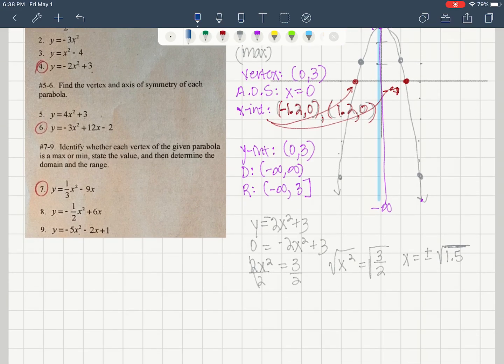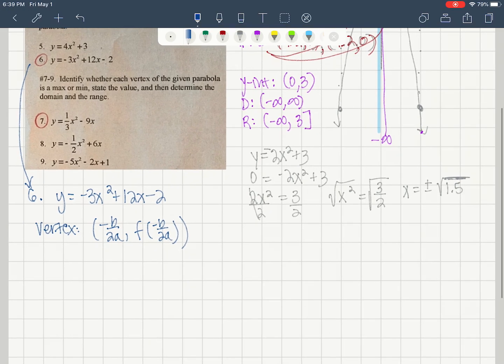Okay, number 6. Find the vertex and the axis of symmetry. Y equals negative 3x squared plus 12x minus 2. The vertex is the opposite of b over 2a, f of the opposite of b over 2a. So I'm going to have to do some work here. We're going to have the opposite of 12 over 2 times negative 3. So that's going to be a 2.